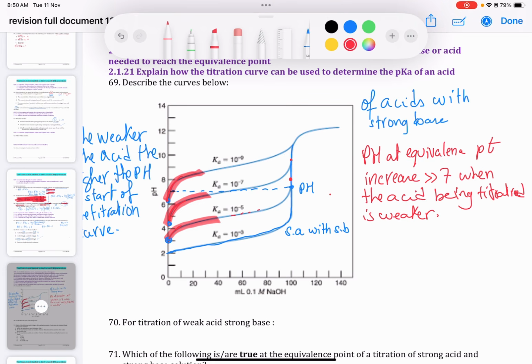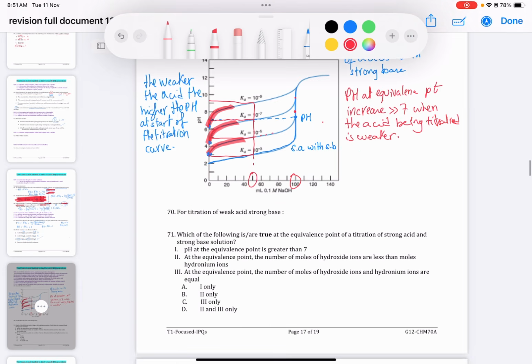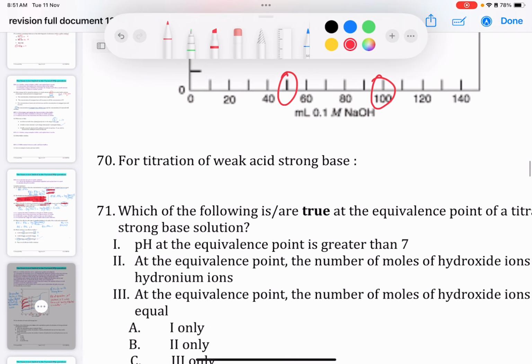Now for pH equals pKa, we always have to take the equivalence point and then half of it, and then determine the pKa. So that's the first pKa, that's probably the second pKa, that's the third, and that's the fourth. For titration of weak acid with strong base, we deal with buffer in these titrations.